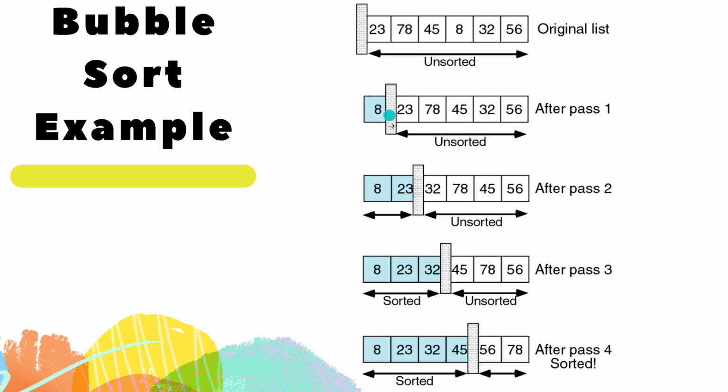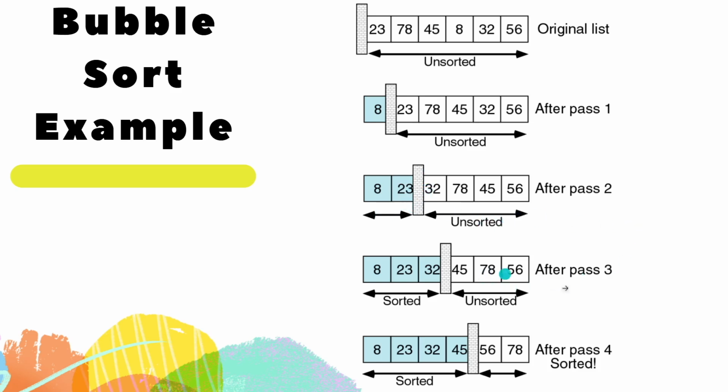So we put a wall here to indicate that whatever appears to the left of this wall is sorted, and whatever appears to the right of the wall remains unsorted. After the second pass, you can see that 23 has occupied its right position, and the wall has advanced by one position, which marks the sorted and unsorted lists.